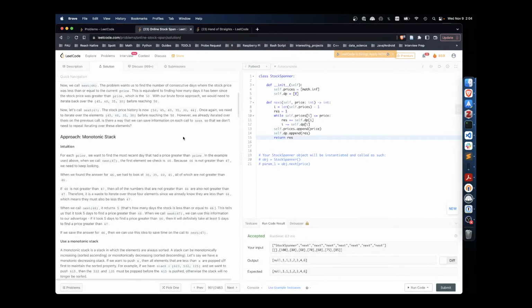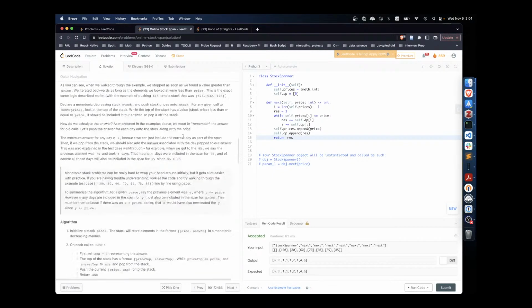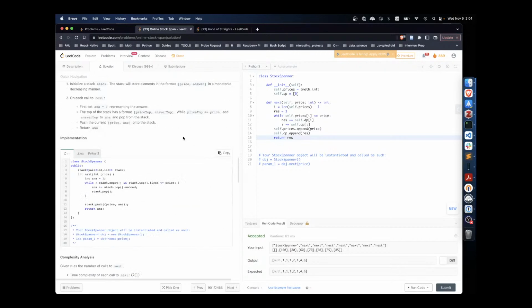Monotonic stack. Oh yeah, it is a monotonic stack.